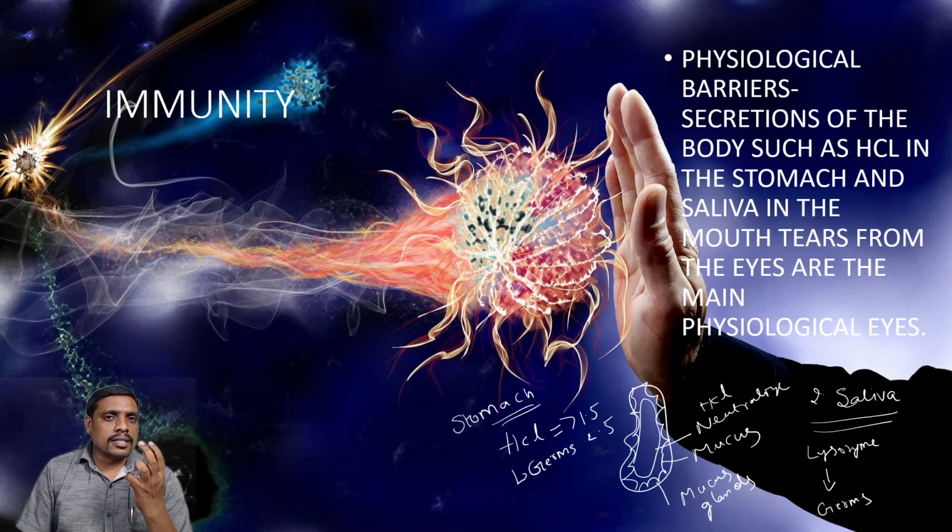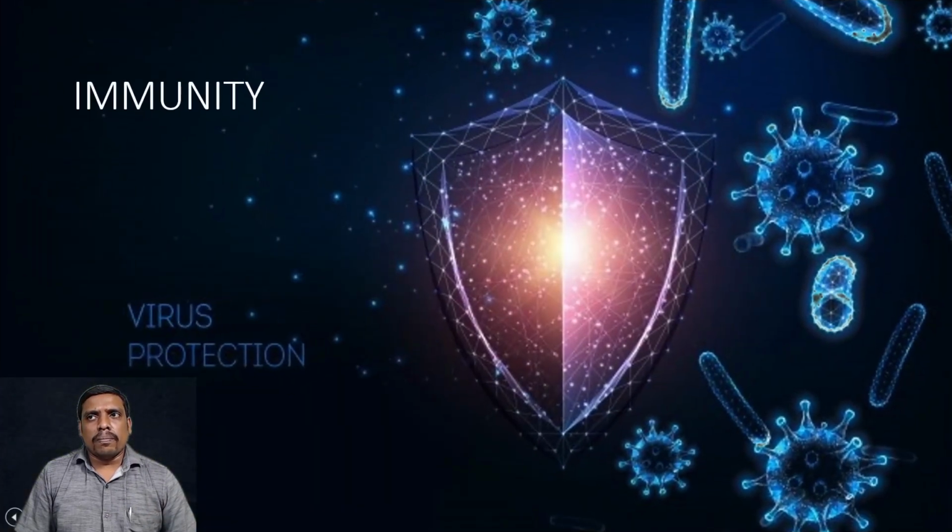Lacrimal glands are present in the eyes, as we know very well. The scientific name of tear glands is lacrimal gland. These lacrimal glands produce tears, a fluid which contains lysozyme. This lysozyme can kill the germs or microbes present. So that is why tears also act as a physiological barrier.